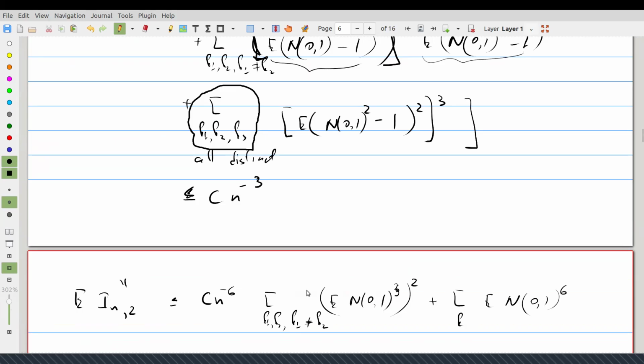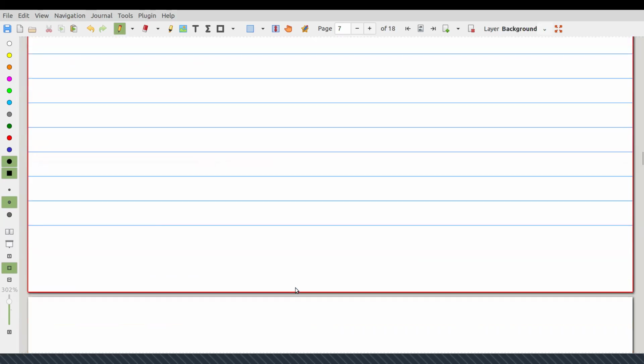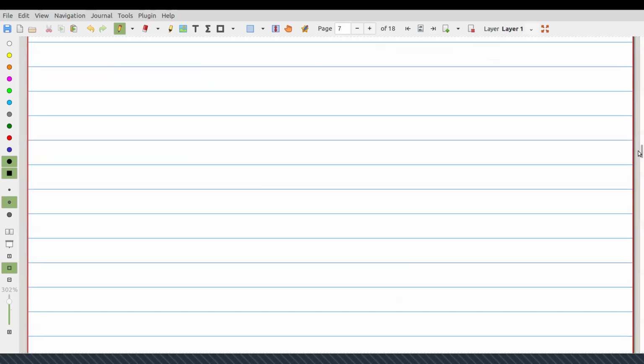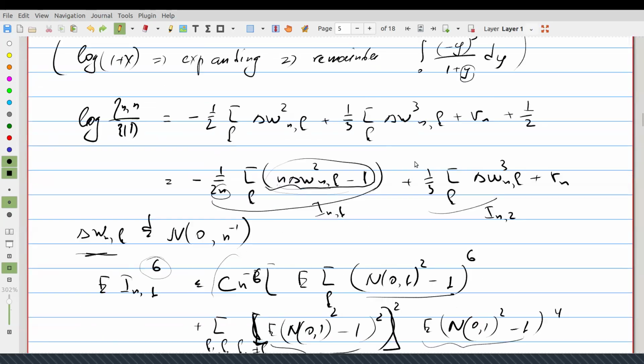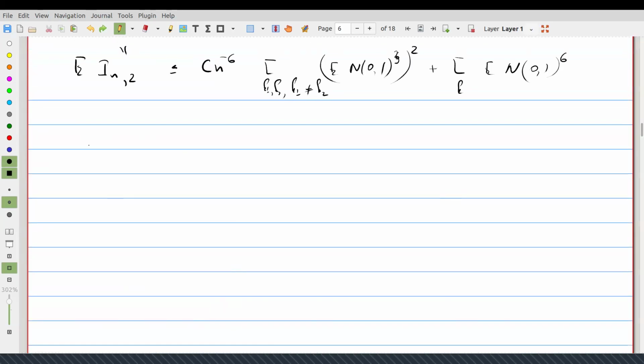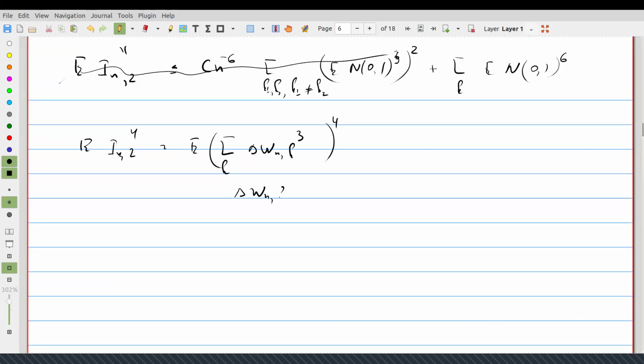Let us do it properly. Sorry. So what is the mathematical expectation to the power 4? It is the mathematical expectation of the sum of cubes, delta W and K cubes, to the fourth power.